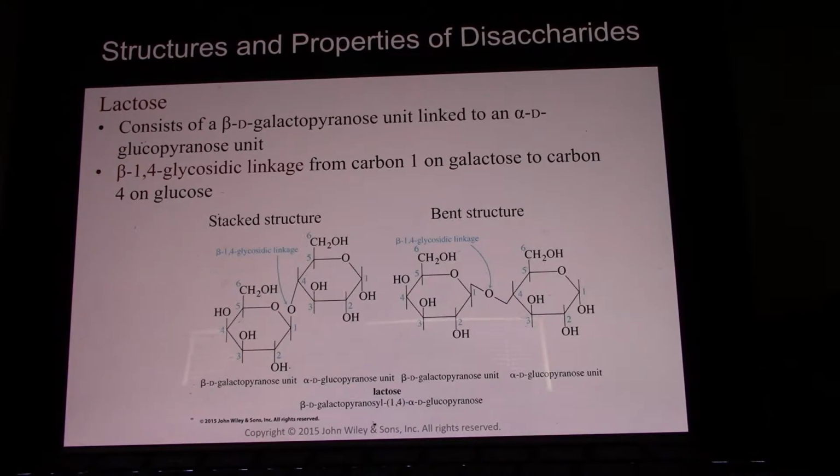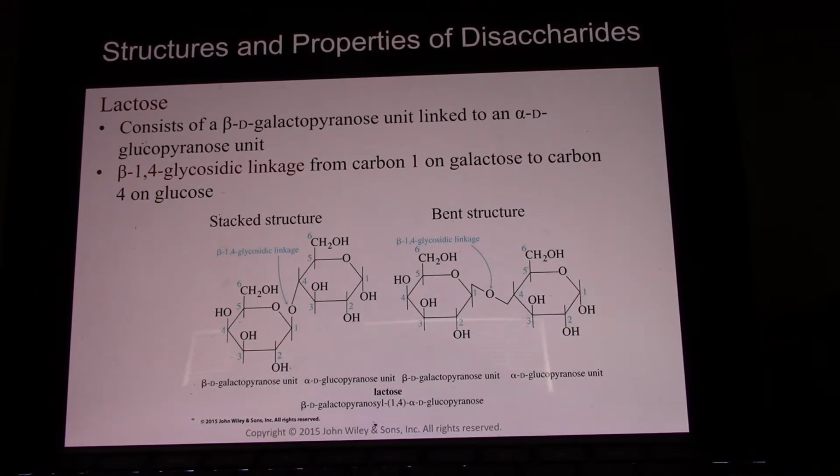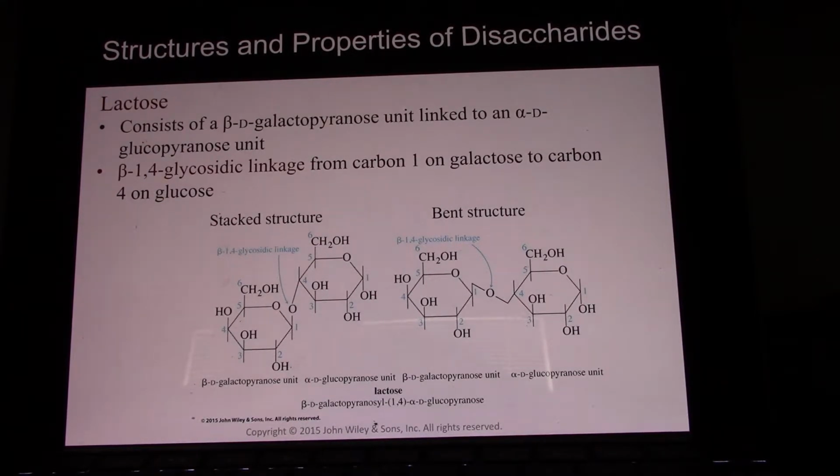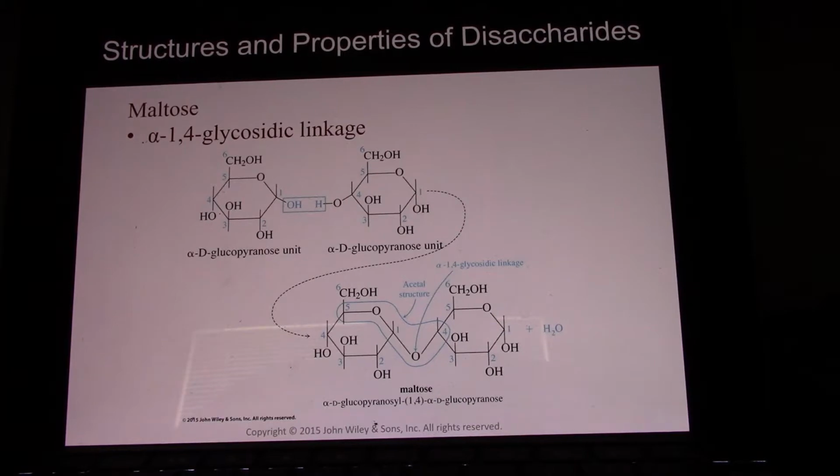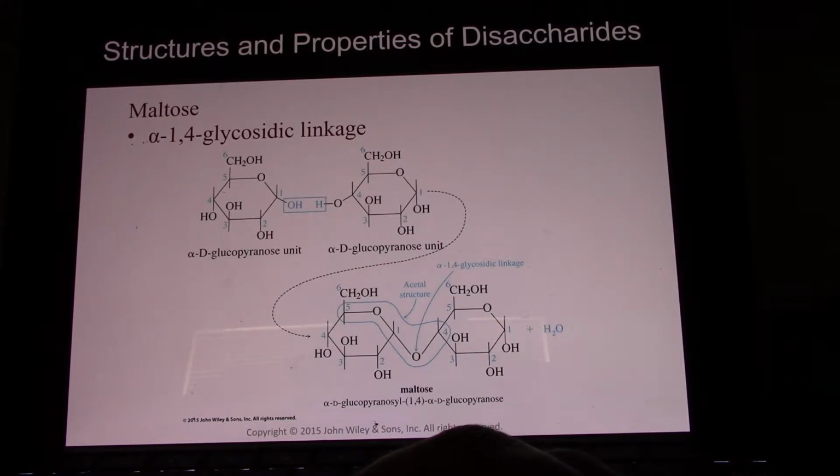Lactose consists of a beta-D-galactopyranose unit linked to an alpha-D-glucopyranose unit. So we have a galactose and a glucose producing lactose, which is milk sugar. And notice the bond can be alpha, like in maltose.